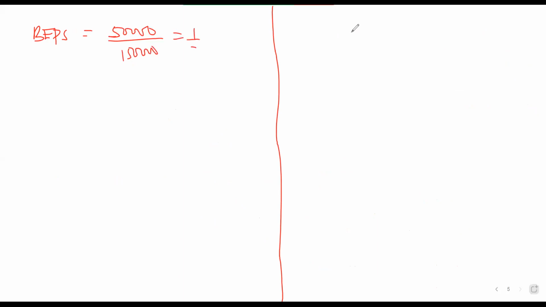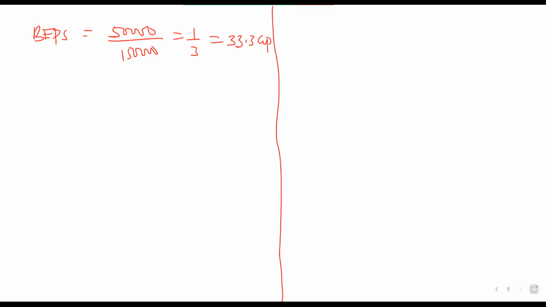That will give us 1/3, 1/3 times 100, which will give us 33.3 pesos per share.